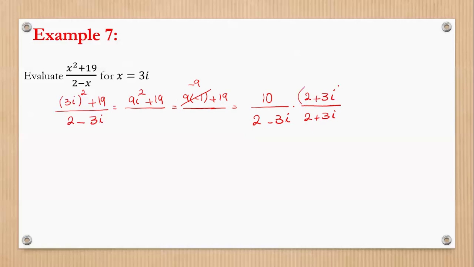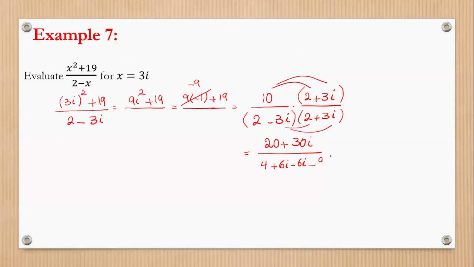Now if I multiply the numerators, I get 10 times 2, which is 20, 10 times 3i, which is 30i. And if I multiply the denominators, I have 2 squared, 2 times 2, which is 4, 2 times 3i, negative 3i times 2, negative 3i times positive 3i, which is negative 3 times 3 is 9, i times i is i squared.